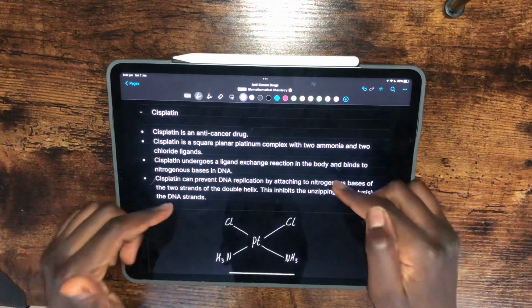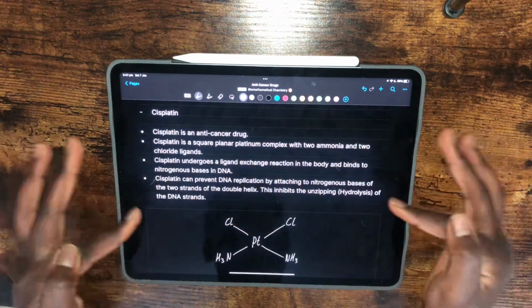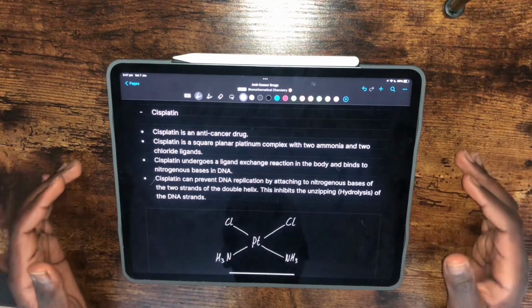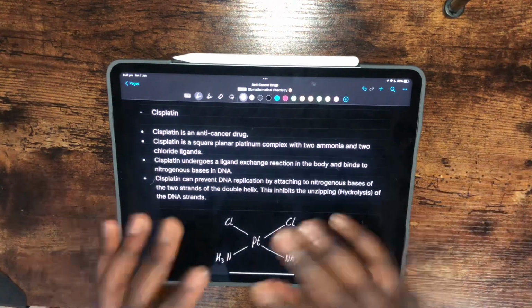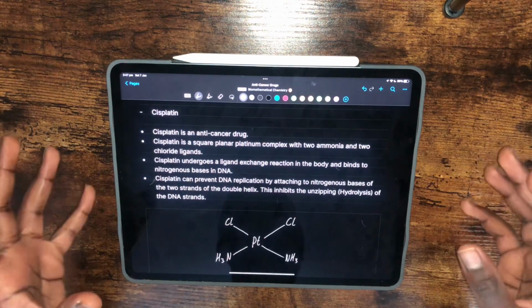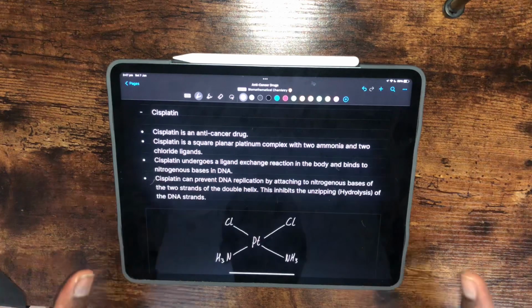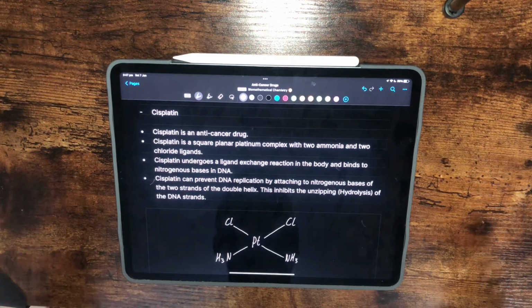You don't need to know the actual mechanism for this, because that's way out of your depth of understanding. All you need to know is that it's an anti-cancer drug, and it does a ligand exchange reaction. Again, you'll know more about ligand exchange reactions once you do your organic chemistry. It binds to nitrogenous bases in DNA, and it kind of holds them together.